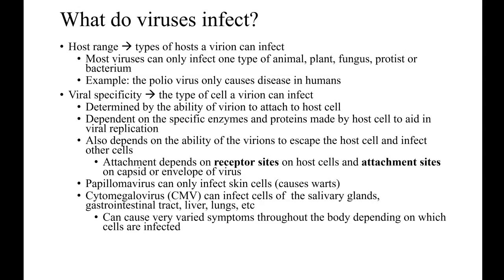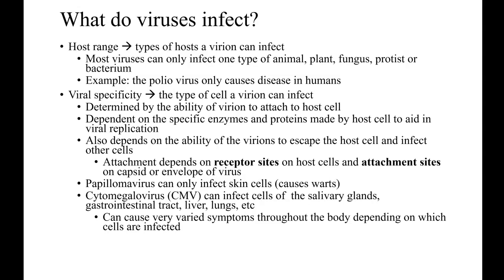Of course, we do know that there are some viruses like rabies that can actually infect a variety of species. And so the variety of species that a virus can adsorb to and take over with its replication process has to do with its host range. Viruses need to be very specific because of that attachment.